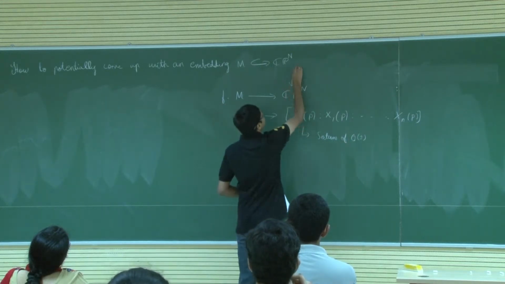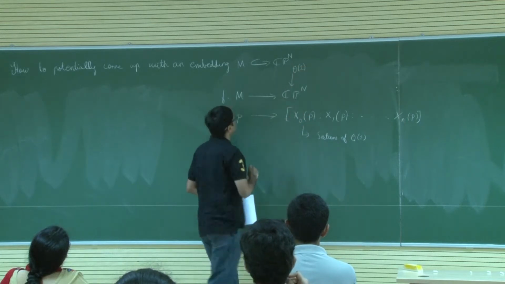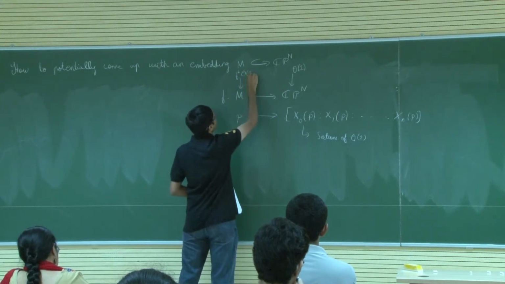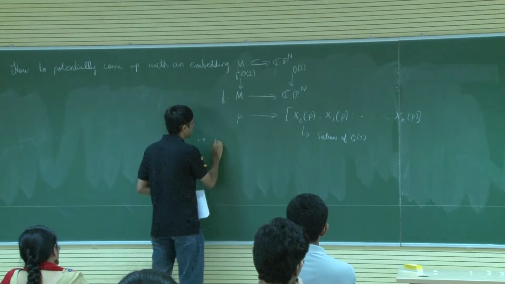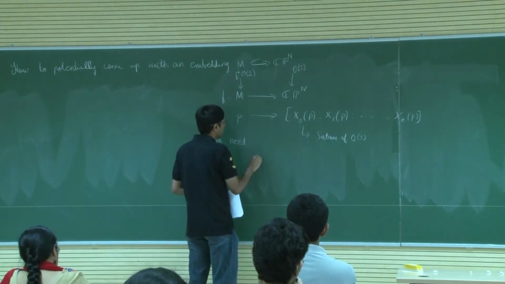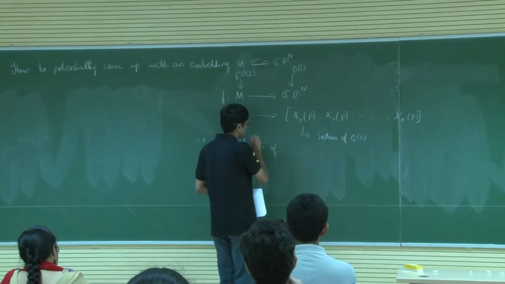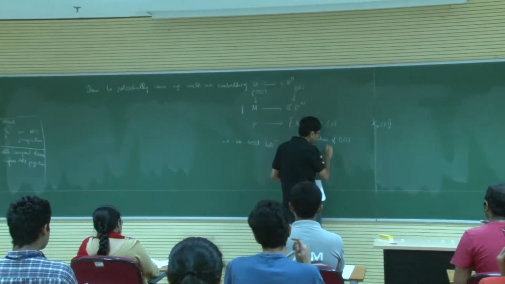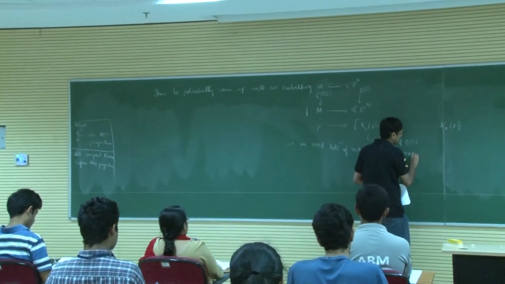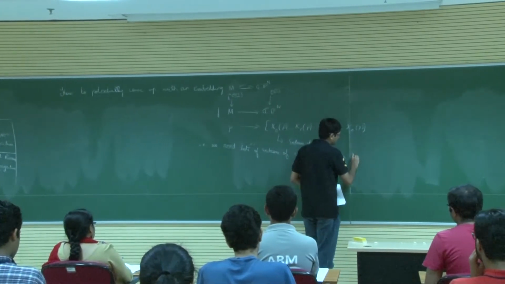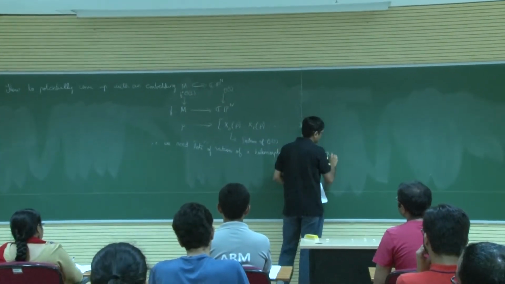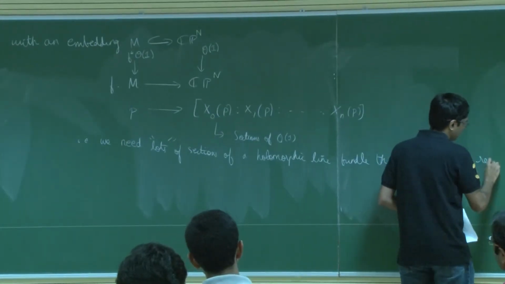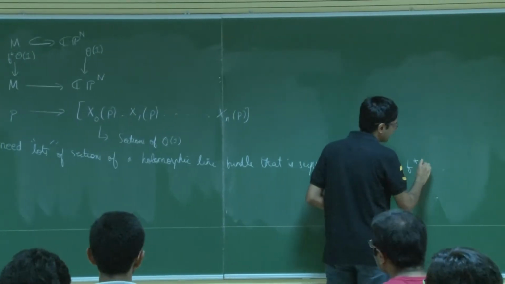You have O1 here, and this is the pullback of O. In other words, we need lots of sections of a holomorphic line bundle that is supposed to resemble this, whatever this means.